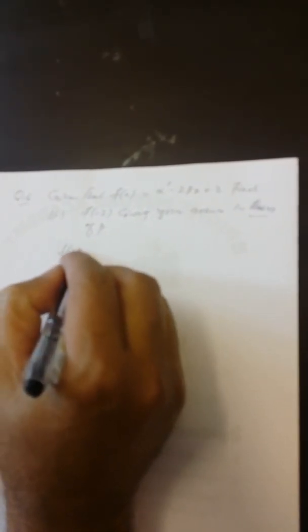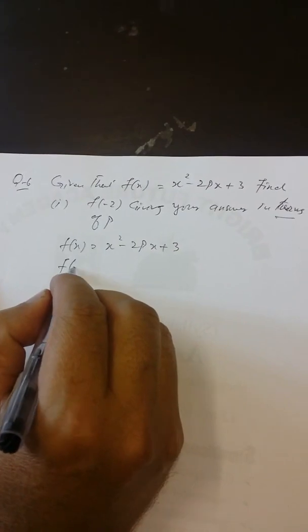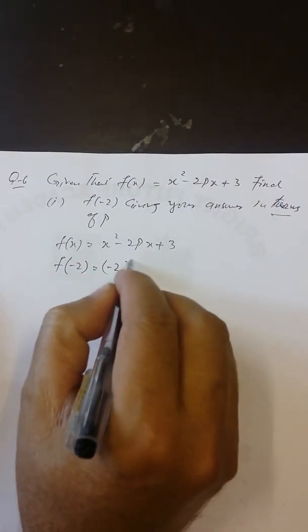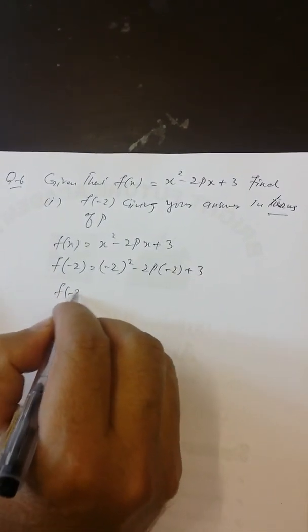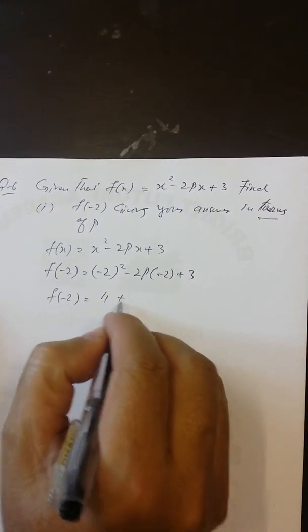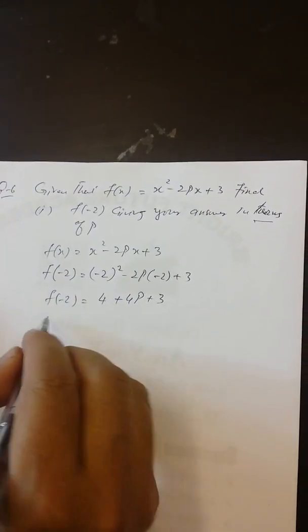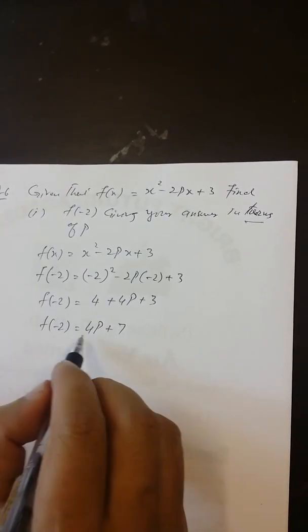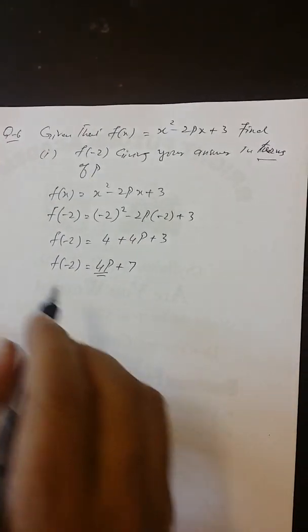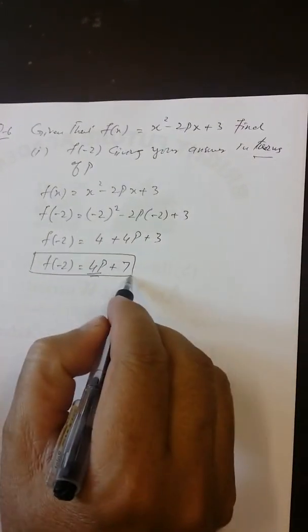In terms of p means there should be p in your answer. So f of x is equal to x square minus 2px plus 3. Now replacing this x with minus 2, it will be like that. So f of minus 2 is equal to 2 to the power 4 plus 4p plus 3. F of minus 2 is equal to 4p plus 7. Now you can see there is p in your answer, so this is the answer.